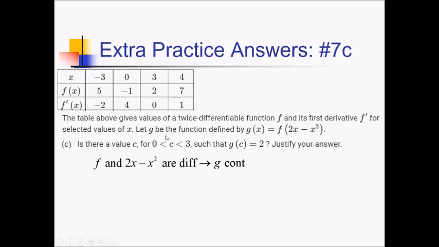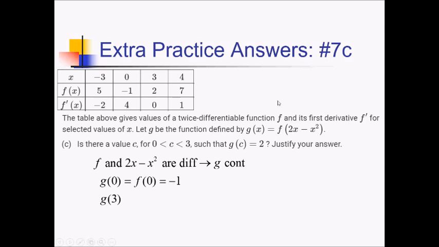We also need to know what g of 0 and g of 3 are to see if 2 lies between those values. So g of 0, that's really the same as f of 0, because that's 2 times 0 minus 0 squared. And f of 0, we know from the table, right here, is going to be negative 1. Next, we look up g of 3 from the other endpoint.